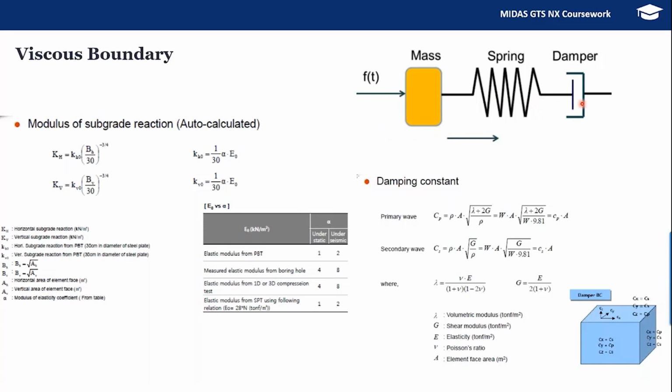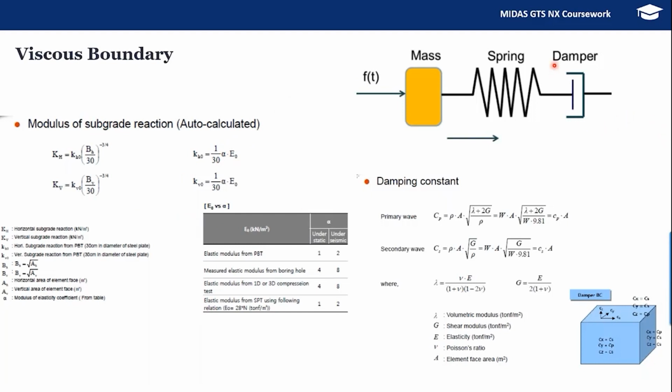There is no reflection of the waves, which will solve our initial purpose. Here, the spring constants can be calculated based on these equations directly and automatically in GTS NX. So with 2 to 3 clicks, you can model a viscous boundary in GTS NX.